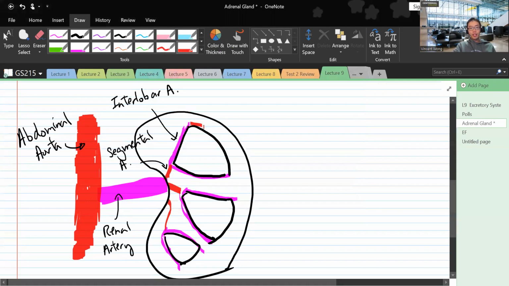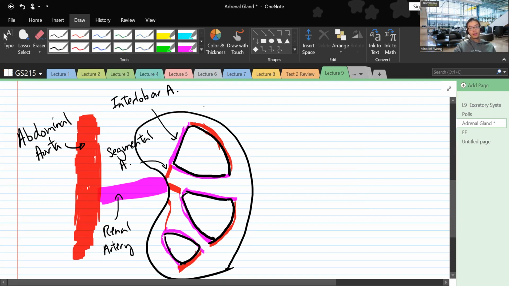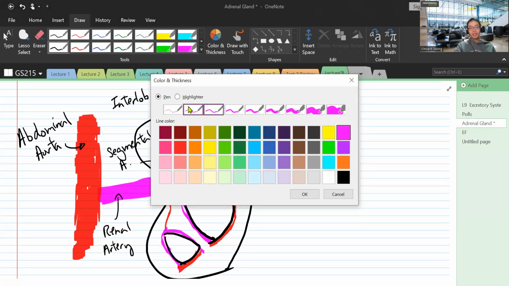Then they will join together on the outer edge, at the boundary of the cortex and the medulla. They join together like that and form an arch. That is called the arcuate artery, which means arch. If you're wondering when is this going to end, almost.